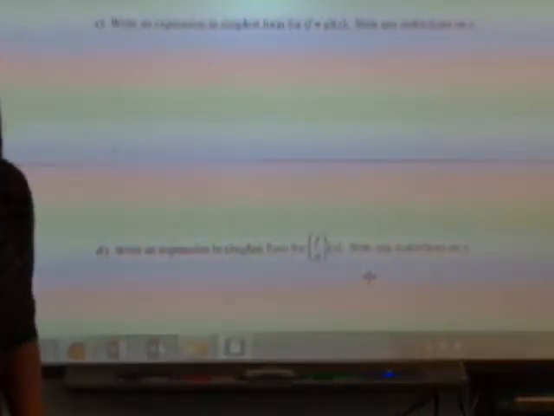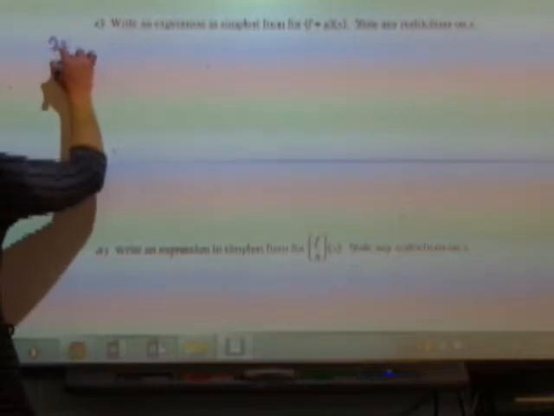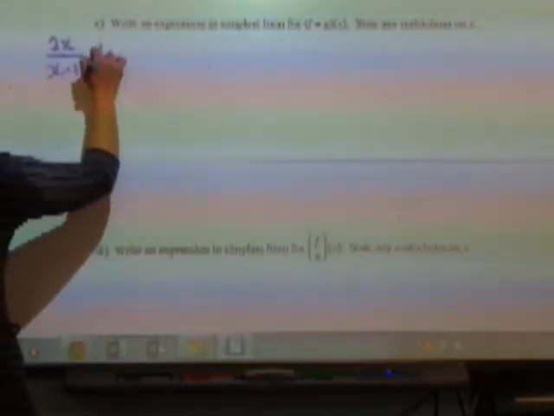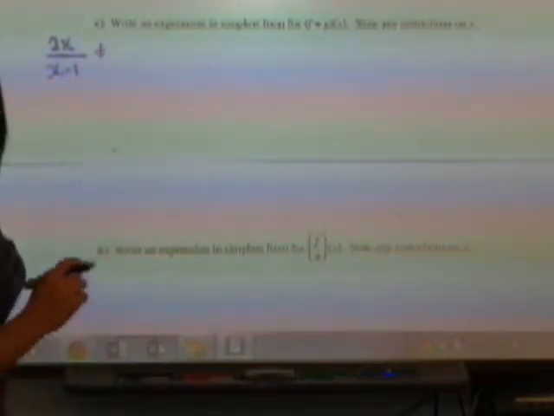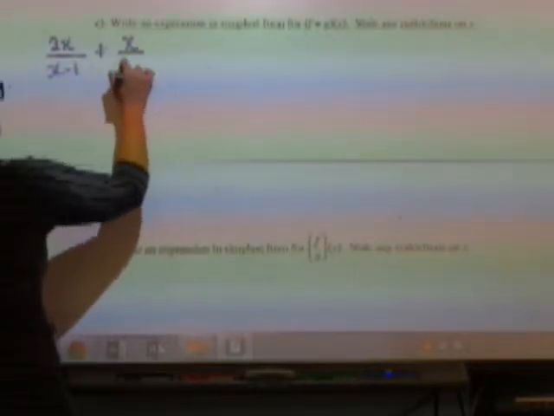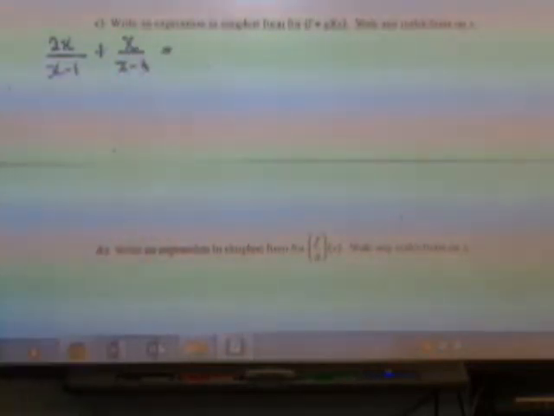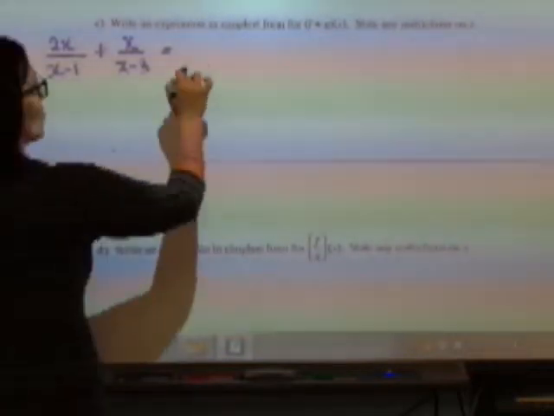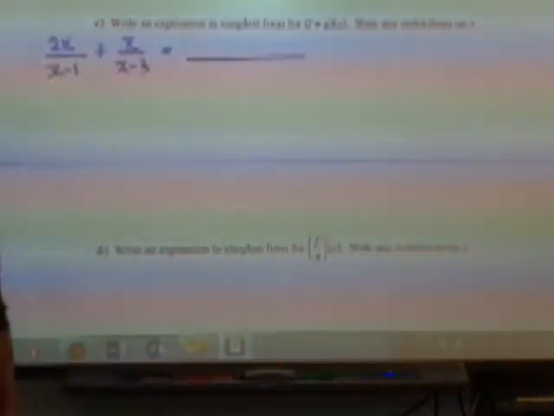So we have 2x over x minus 1 plus x over x minus 3. How do I add rational expressions? Make the denominators the same. So what would my common denominator be?